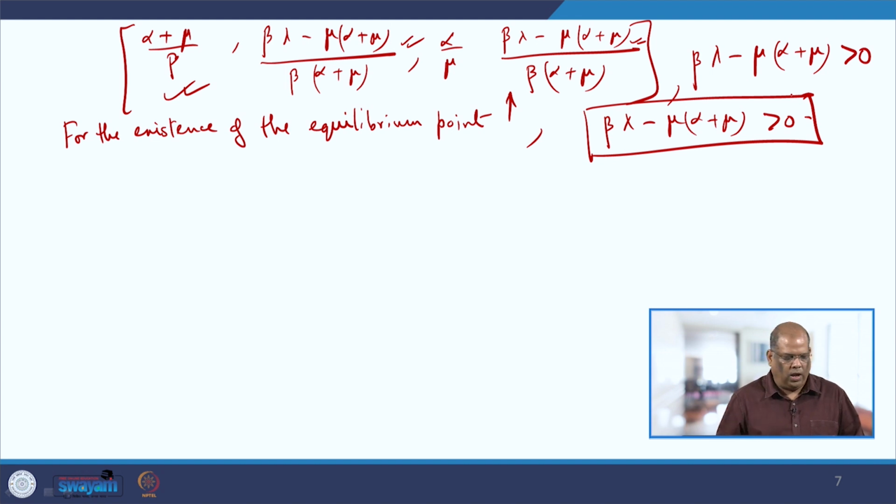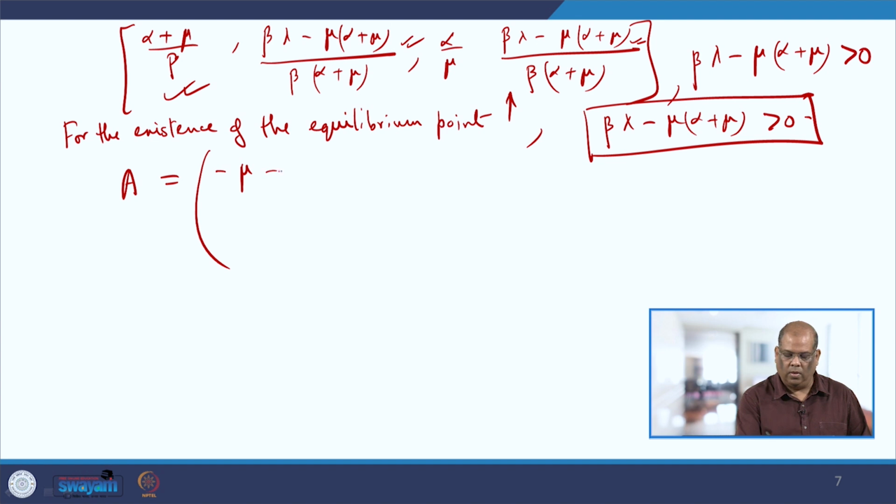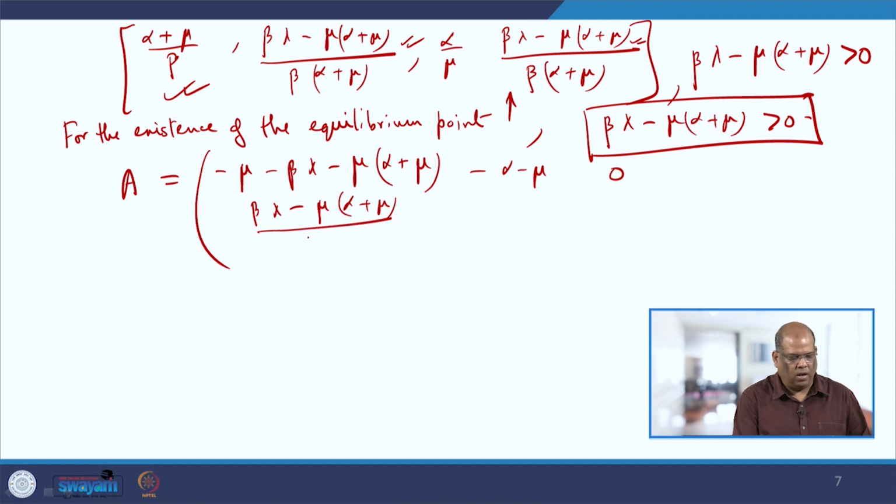So, now we do the stability analysis, and if we calculate the Jacobian matrix A, this will give me minus mu, minus beta lambda minus mu times alpha plus mu, minus alpha minus mu, 0; beta lambda minus mu times alpha plus mu divided by alpha plus mu, 0, 0; and 0, 0, alpha minus mu.